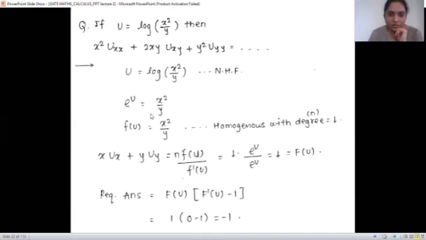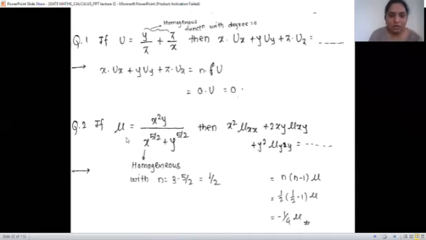So that something will come down, and this will be only a function of x and y, and the other is a function of u. Taking e on both sides, e raised to u is x square by y. Now this is homogeneous. Try to write that f of x, y as a homogeneous function. So we have written it as homogeneous, with degree 1 now, and this is equal to f of u.